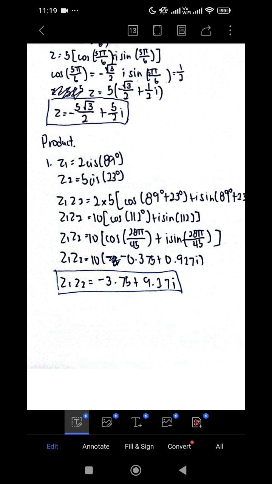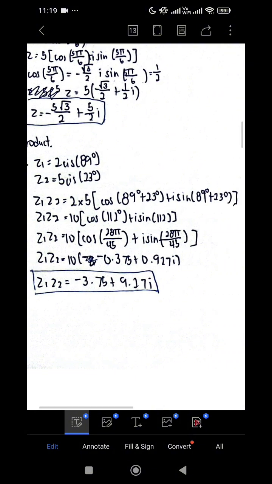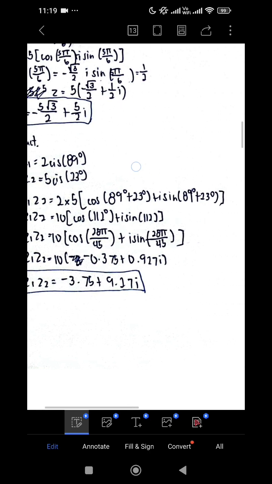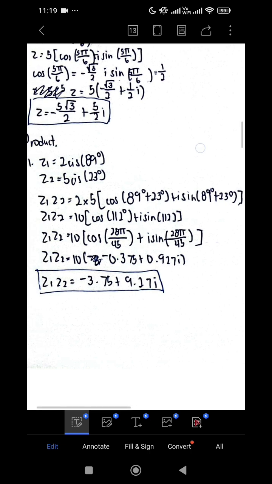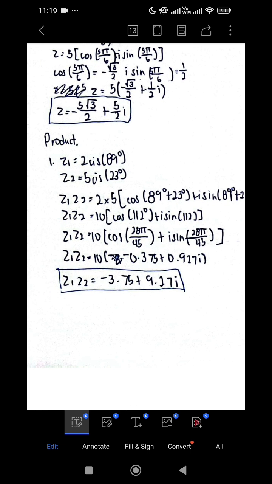So 2 times 5, we substitute the values here: cosine of 89 degrees plus 23 degrees, plus i sine of 89 degrees plus 23 degrees. Then we will get z1 z2 is equal to 10, because 2 multiplied by 5 is 10, cosine 112 because 89 plus 23 is 112, plus i sine 112.